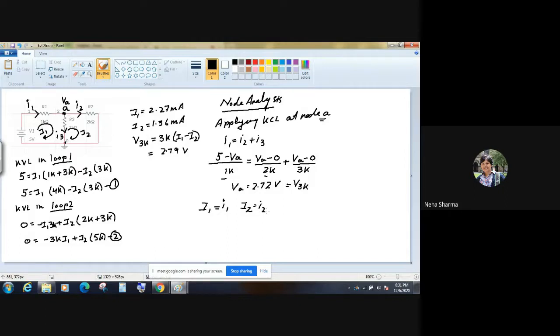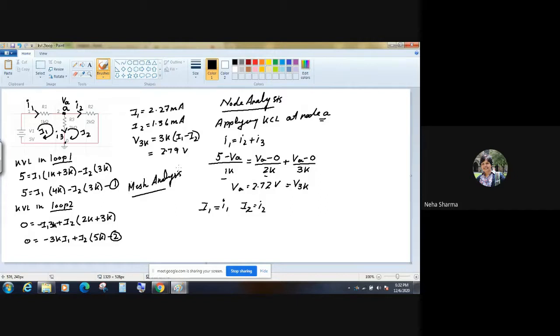So this is how we can solve a given circuit using either mesh analysis, which we did here, or node analysis. Whichever way we are comfortable, we can use that particular type of analysis. I hope it is clear to you.